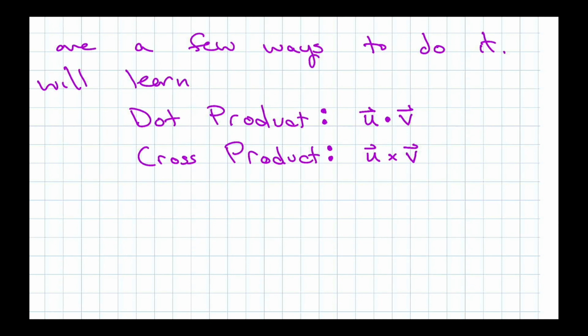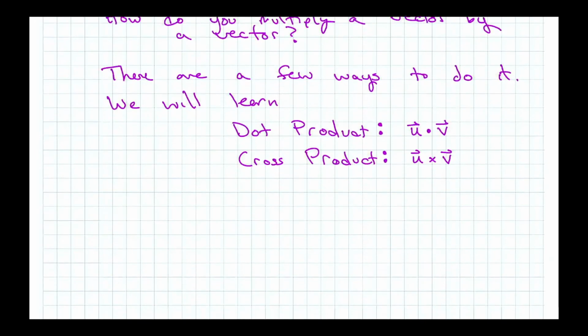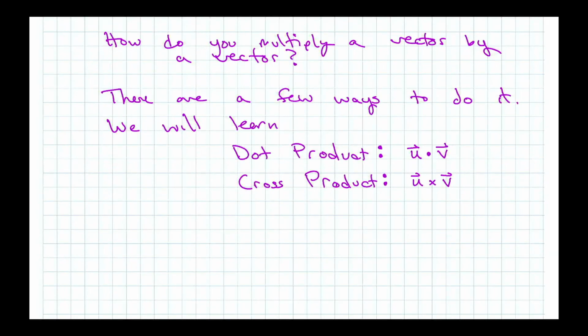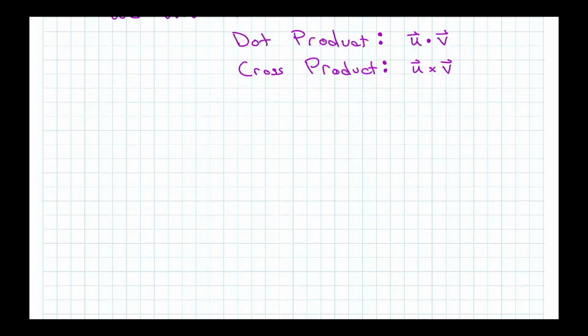So obviously the names make sense, right? Dot product, dot, cross product, cross. Okay, and those are our two ways that we're going to learn about how to multiply a vector by a vector. And like I said, they have different uses, and today we're going to learn about the dot product.